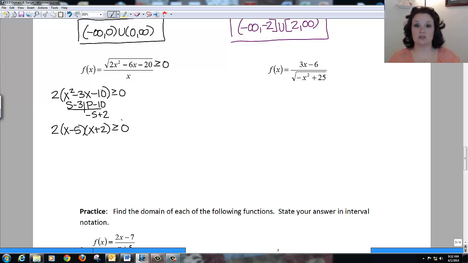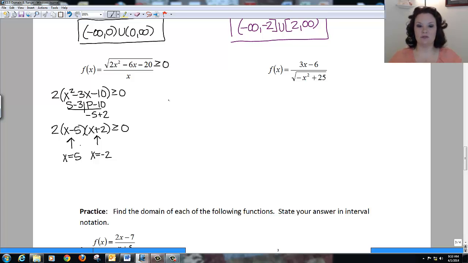So the first thing I need to do is find my zeros. If I set x minus 5 equal to 0 and solve, I'm going to get x equals 5. If I set x plus 2 equal to 0 and solve, I'm going to get x equals -2. And this 2 out front I don't have to worry about because it doesn't have a variable. 2 is not equal to 0. No value of x is going to change that 2 into a 0 because there's no x next to it.